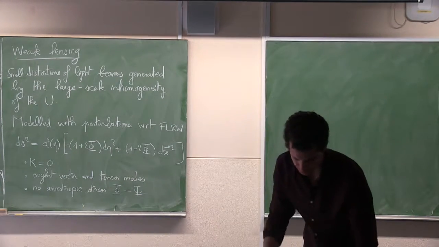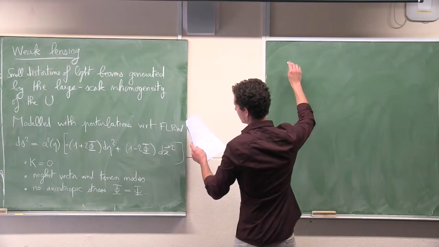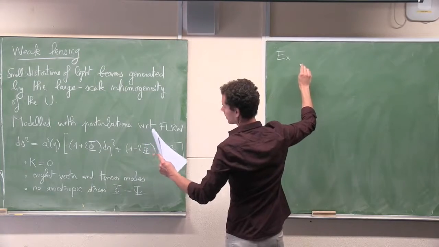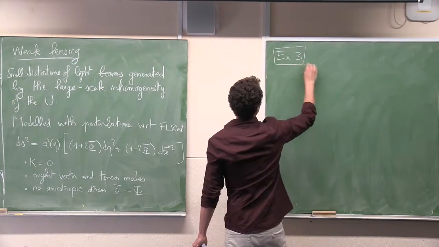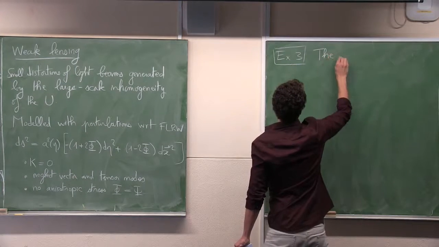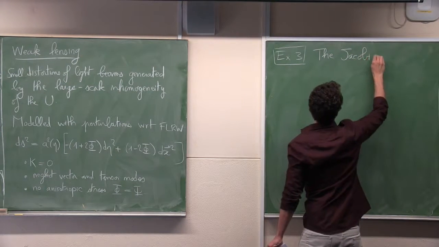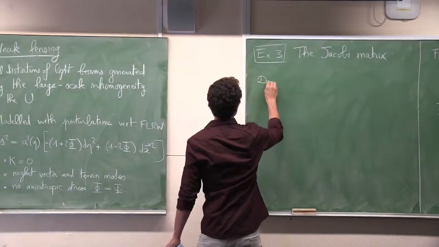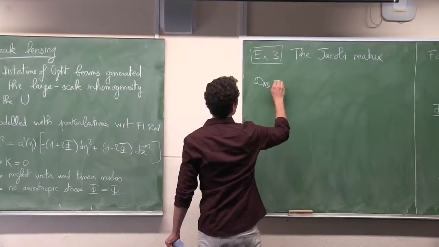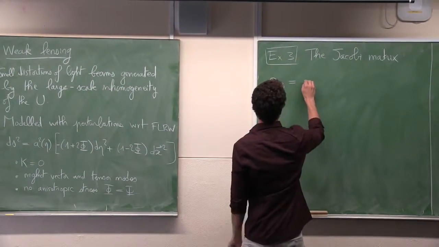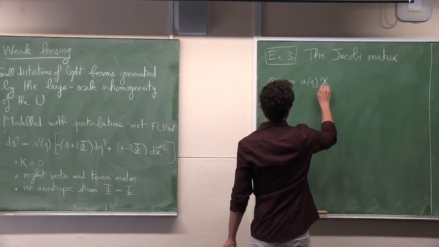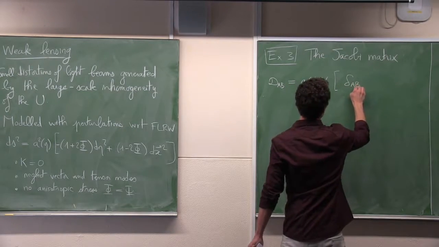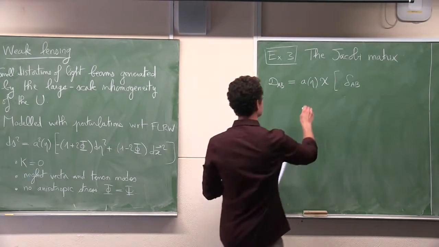Then what you can show, and I will not do the calculation explicitly, but you can do it as an exercise, is that the Jacobi matrix in this case is the following. So you have a first term like this, and then comes a perturbation.